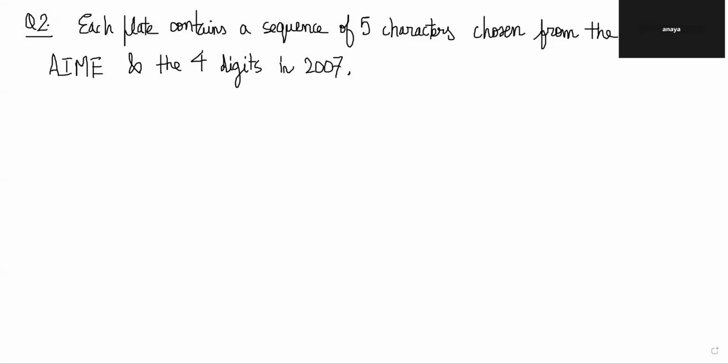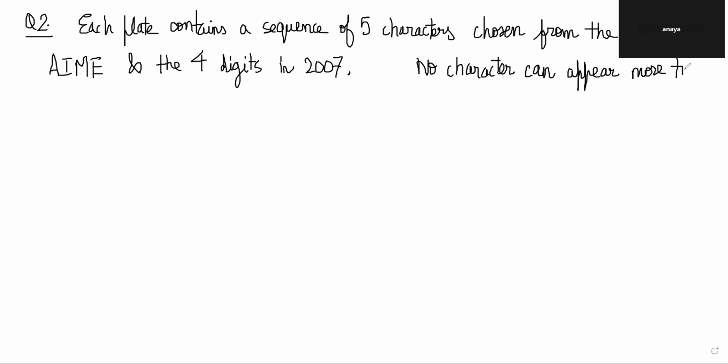No character may appear in a sequence more times than it appears among the 4 letters in AIME or the 4 digits in 2007. That is a restriction.